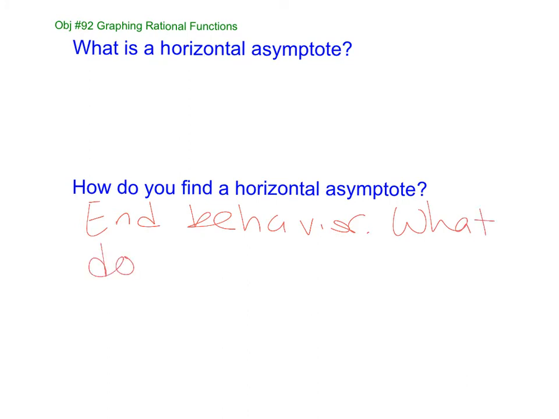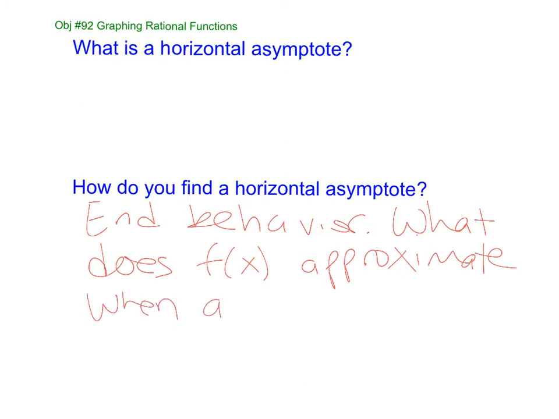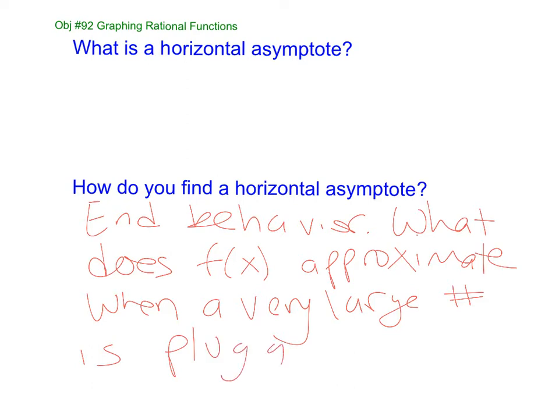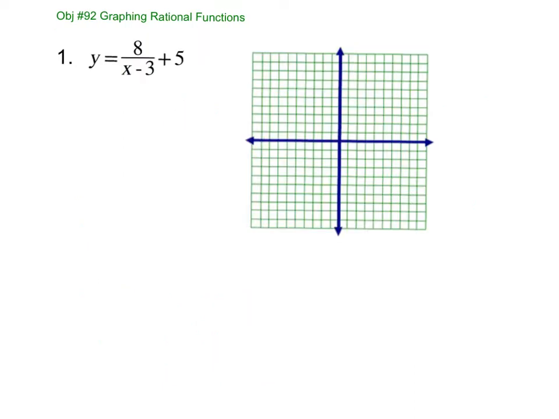What does f of x approximate when a very large number is plugged in? All right, so horizontal. So it's what's happening to the y values as the numbers get really, really big or really, really small.